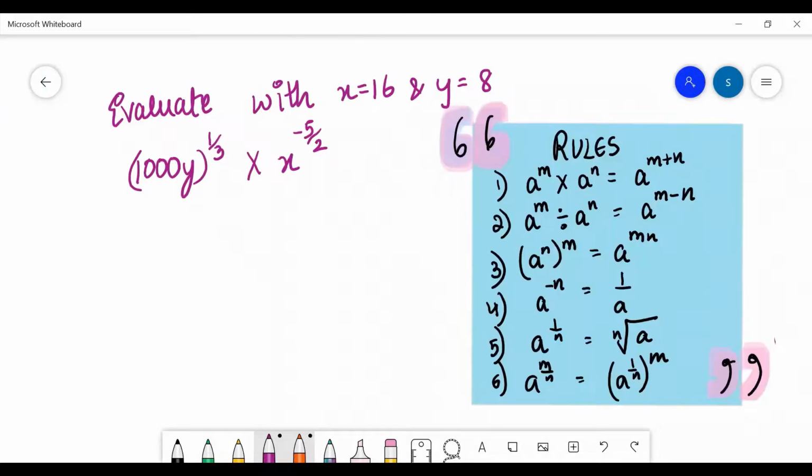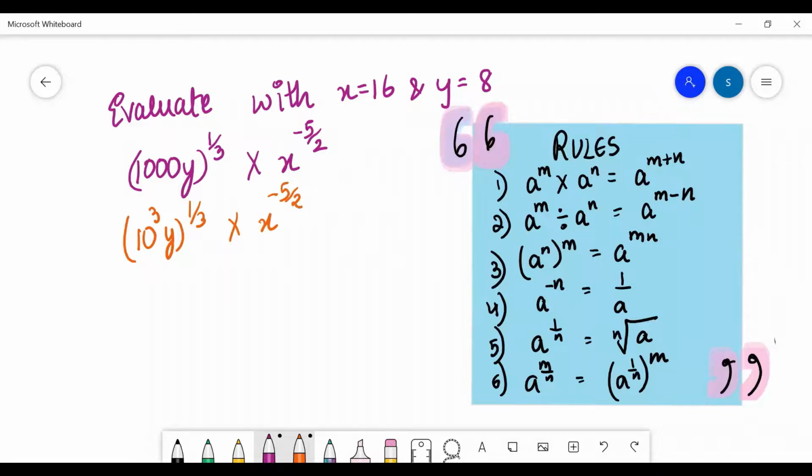Alright, next, evaluate with x = 16 and y = 8: (1000y)^(1/3) × x^(-5/2). Here 1000y you can simply write as 10^3 y, raised to 1/3, and x as it is.